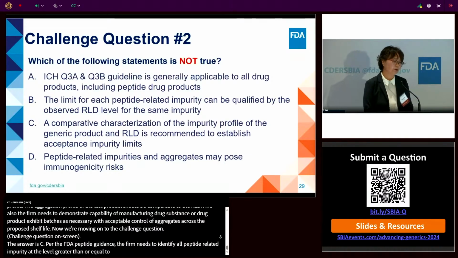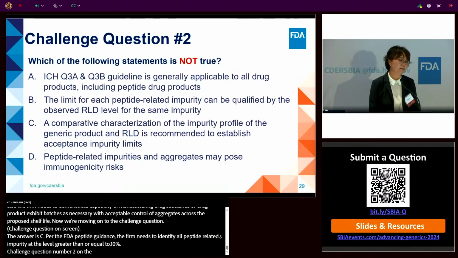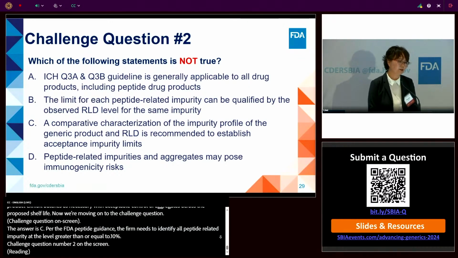Challenge question number 2. Which of the following statements is not true? A, ICH Q3A and Q3B guidelines are generally applicable to all drug products, including peptide drug products. B, the limit for each peptide-related impurity can be qualified by the observed RLD level for the same impurity.